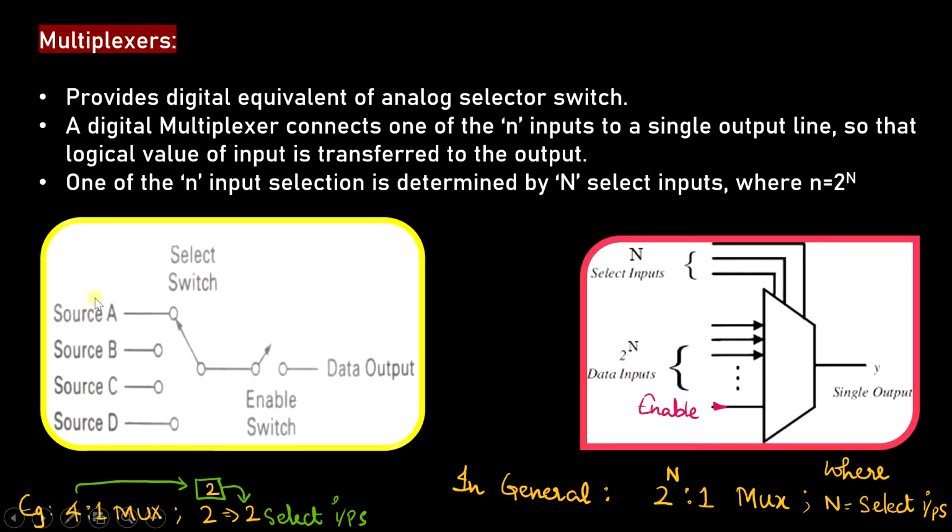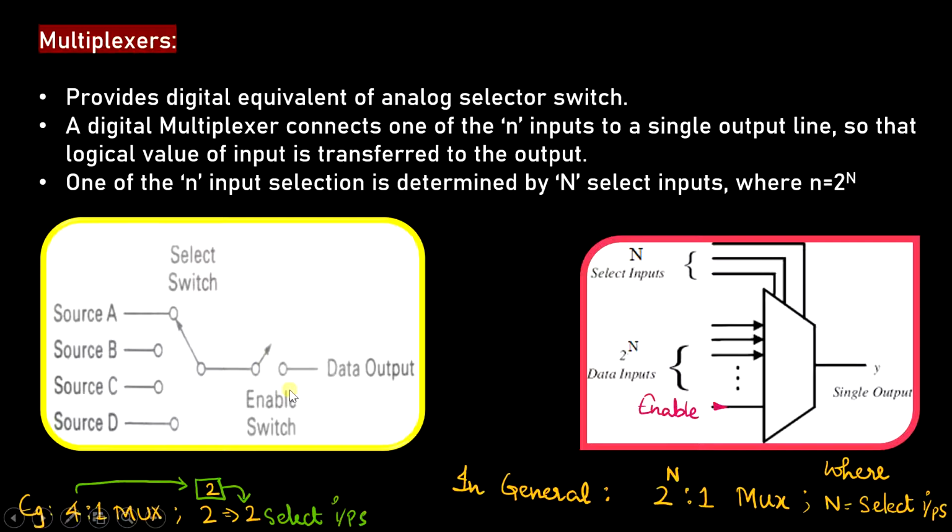The reason is that we have 4 inputs at the source, that is source A, source B, source C and source D, and we have a select switch and an enable switch.